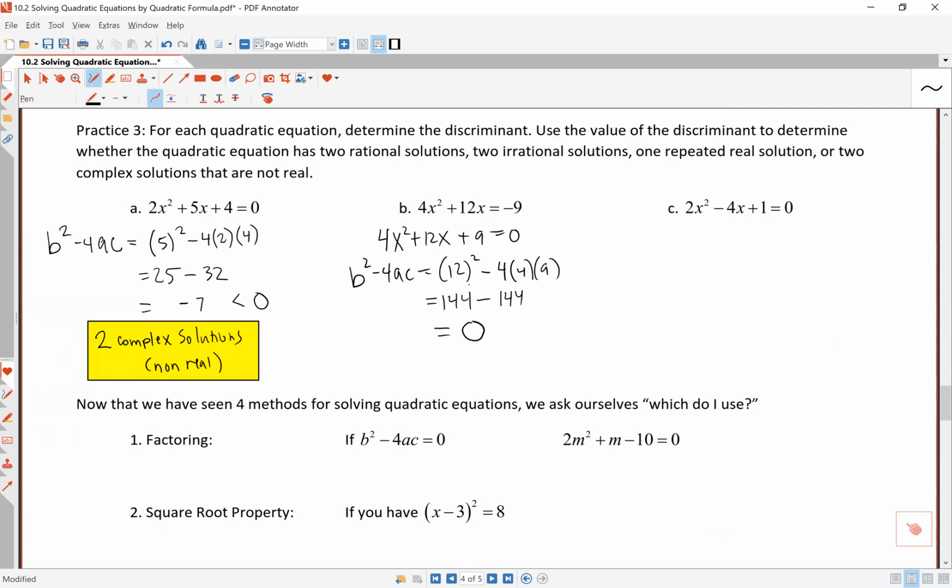When the discriminant is 0, you have that plus or minus the square root. It becomes 0, so you don't have the plus or minus anymore, which just gives us 1 repeated real solution.